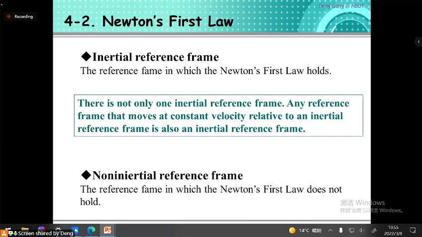For example, some object moving with non-zero acceleration on the surface of the Earth, or something rotating, and you choose that object as a reference frame. That is not an inertial reference frame. Something rotating and something accelerating cannot be chosen as an inertial reference frame.